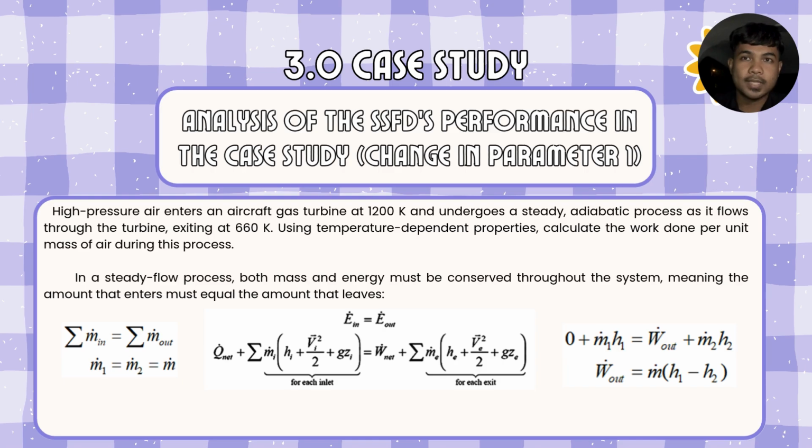This means the work done by the turbine depends only on the drop in enthalpy from inlet to outlet. By using accurate enthalpy values at these temperatures, we can determine how much useful work is produced, which reflects the efficiency of the turbine.